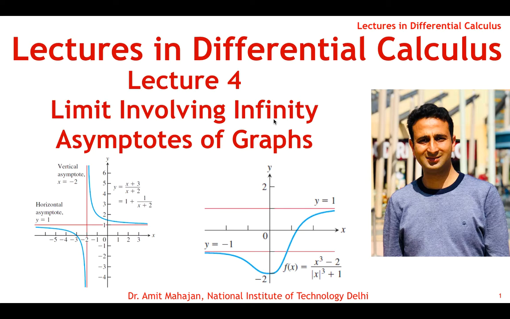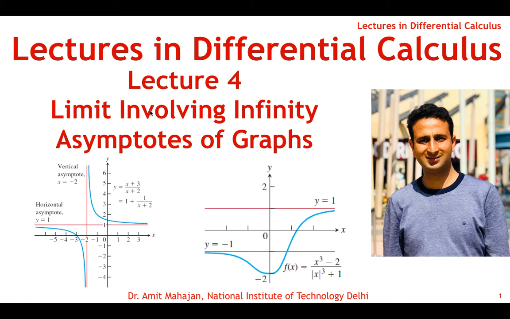That means x tends to plus infinity or x tends to minus infinity. The second possibility is that the x values are finite but the corresponding limit value becomes infinite. So for x tending to point C, the function values become too large in magnitude.